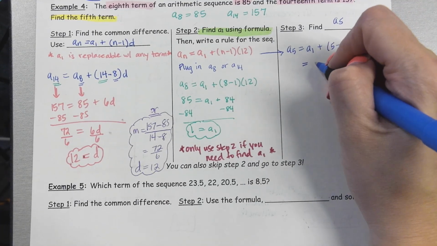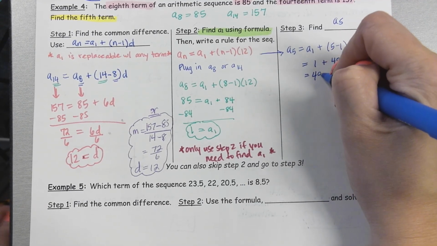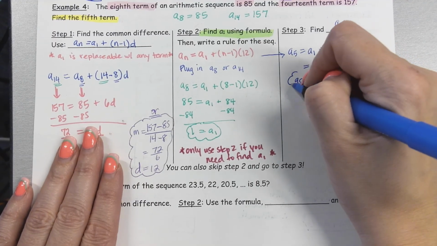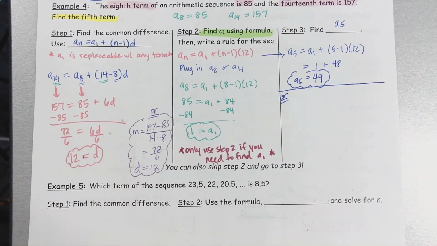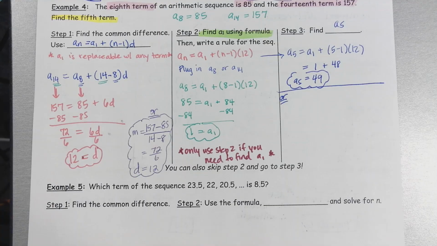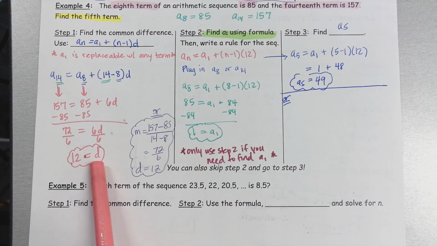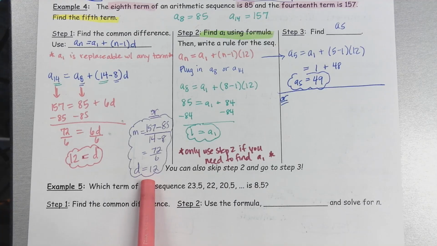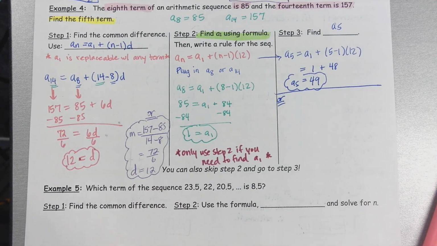So it's just 1 plus 48 to get 49. Okay, or what I'm recommending you do is you don't need to find a sub 1. As long as you have the common difference, you can use a different equation.